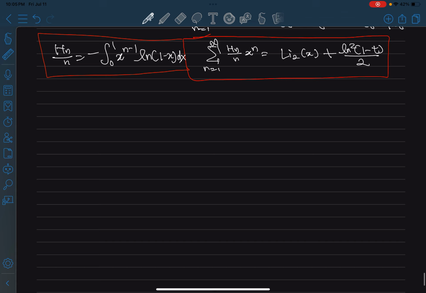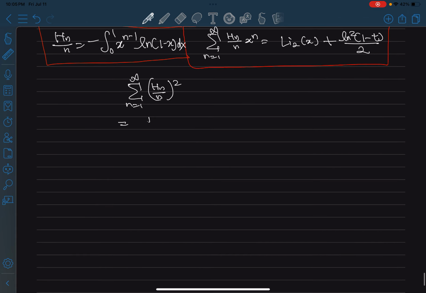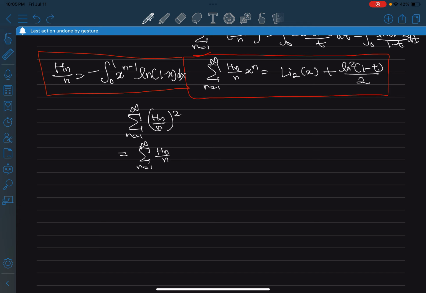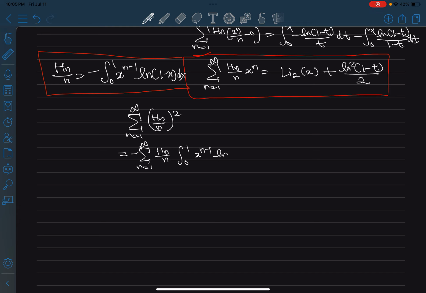Our original sum was the sum from n equals 1 to infinity of (Hn by n) whole squared, right? Now I can write this as the sum from n equals 1 to infinity of Hn by n and, for one of the Hn by n, minus the integral from 0 to 1 of x to the power n minus 1 ln of 1 minus x dx, right?